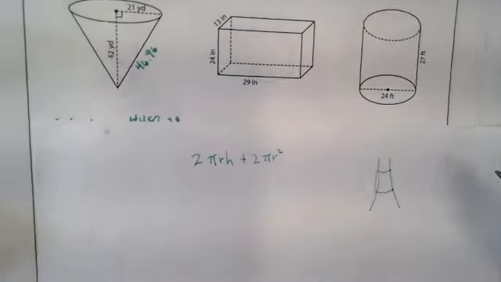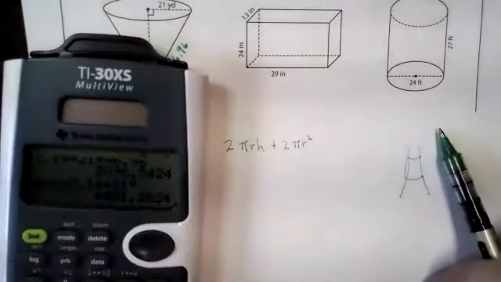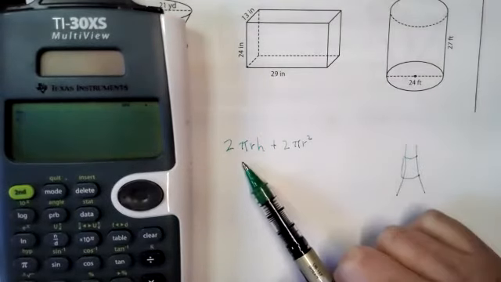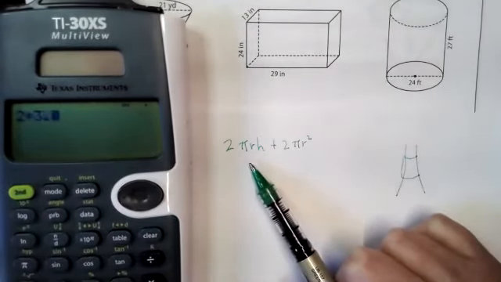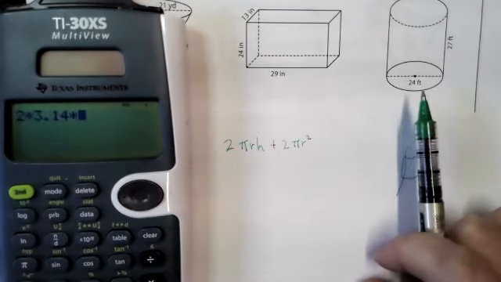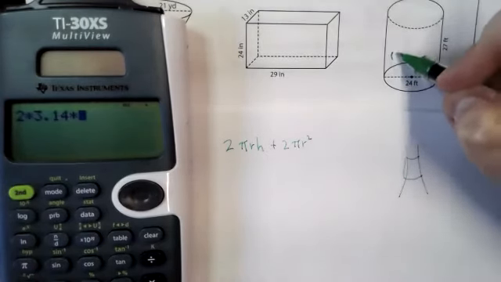All right, let's try this one. We're looking at, clear that, 2 times pi is 3.14 times the radius. Now right here, they gave us a diameter. We need the radius, which is half of that.